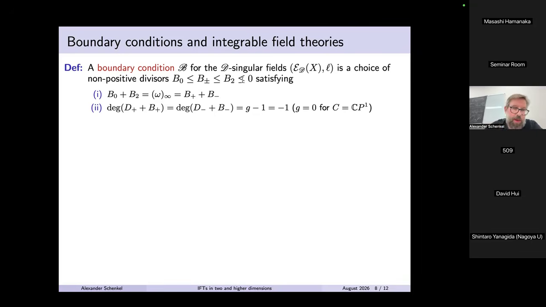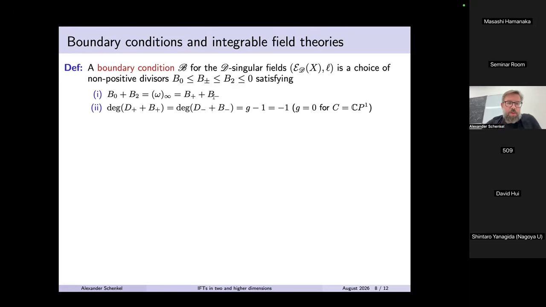This is again needed in order for the L-infinity structures to be well defined and what I'm going to define. And they have to satisfy a bunch of conditions. Condition 1 is that when you add B0 and B2, you get the whole divisor controlling the poles of omega. And the same happens when you add B plus and B minus.